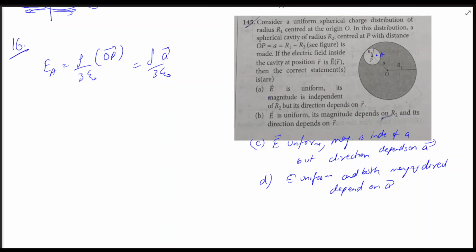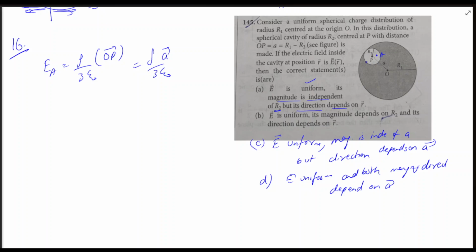Let's check each and every point. E is uniform. Yes, this is correct. Its magnitude is independent of R2. R2 can be anything. We just need to know this A. So the magnitude is independent of R2. Is it?